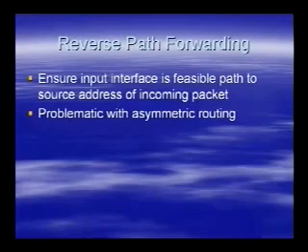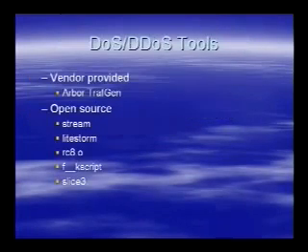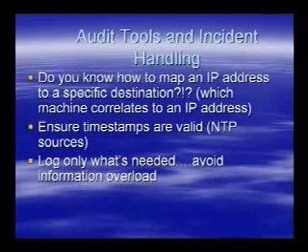If your devices support that, whatever flavor you have, it's probably useful to turn it on. But also remember that it could be problematic in asymmetric routing environments. So just some tools for detecting DDoS stuff, and we're out of time.